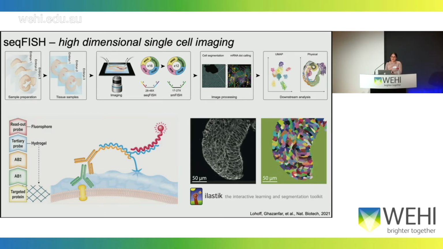What it meant is that we had one imaging round that corresponded to cell membrane as well. And that meant that we were able to use a random forest-based segmentation approach, ilastik, to perform segmentation of cells, not just nuclei.